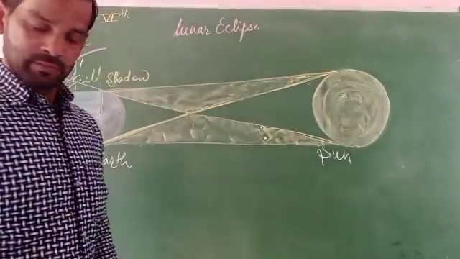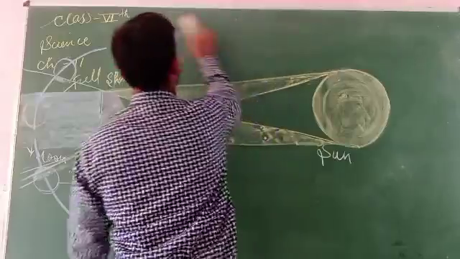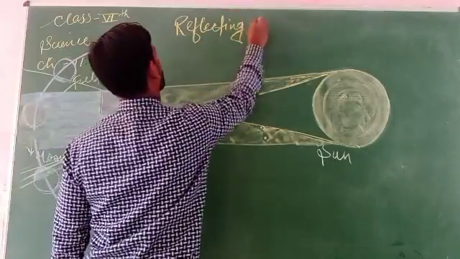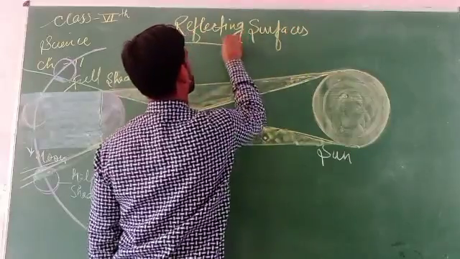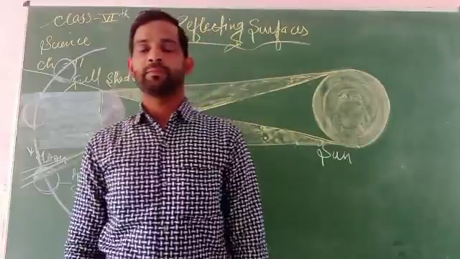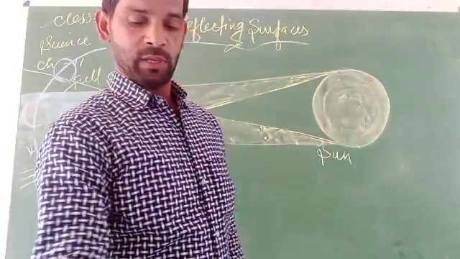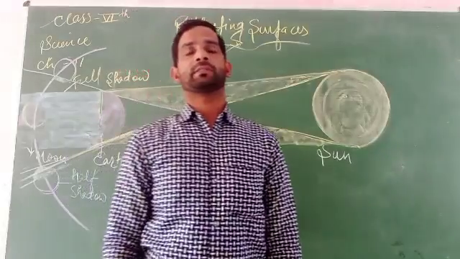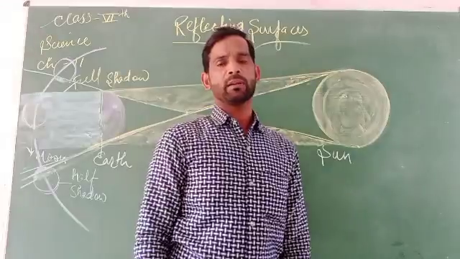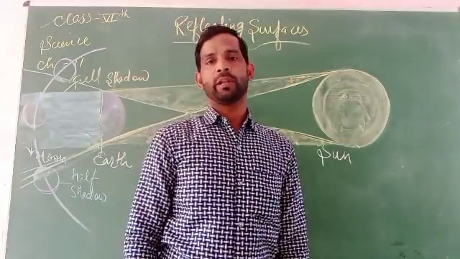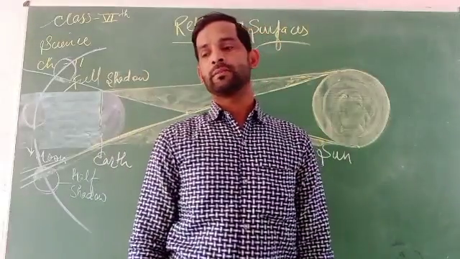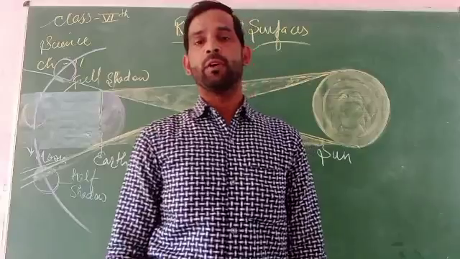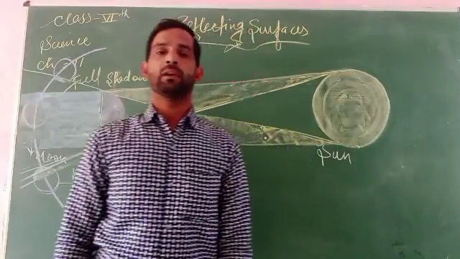The next topic is reflecting surfaces. Whenever you see bright or colored, or oily surfaces, or even bright surfaces, they can make a light ray reflect from their surfaces. Suppose there is a polished table, a well polished table.